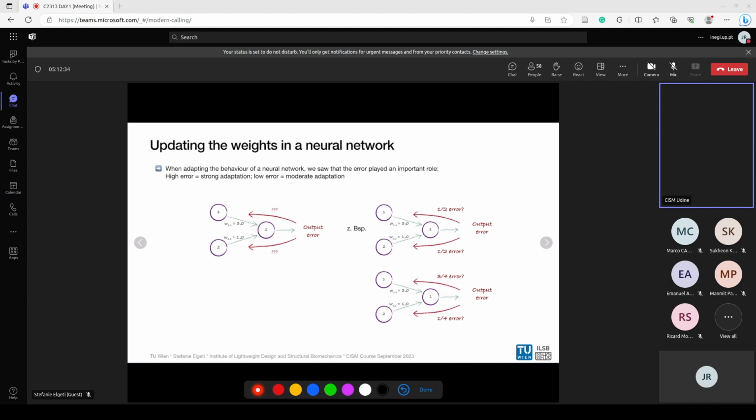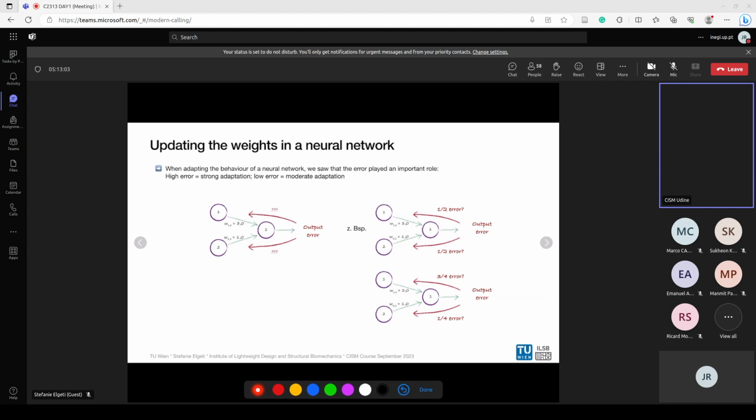We have some kind of output error that we can compute based on the training data that we have. Now, how do we split up this output error among the two neurons in the previous layer? Should we give each one half of the error, or maybe adjust according to the weights?